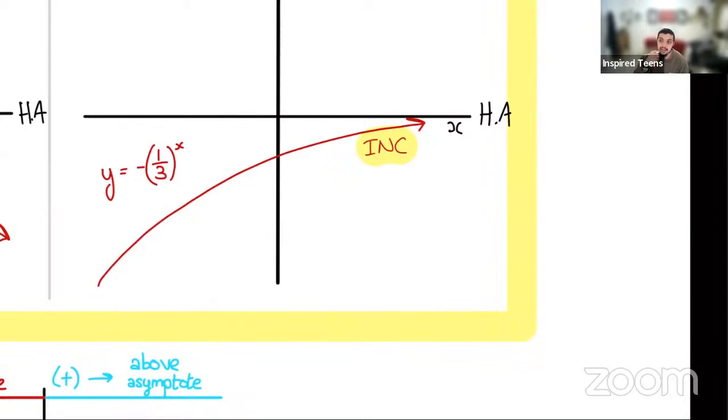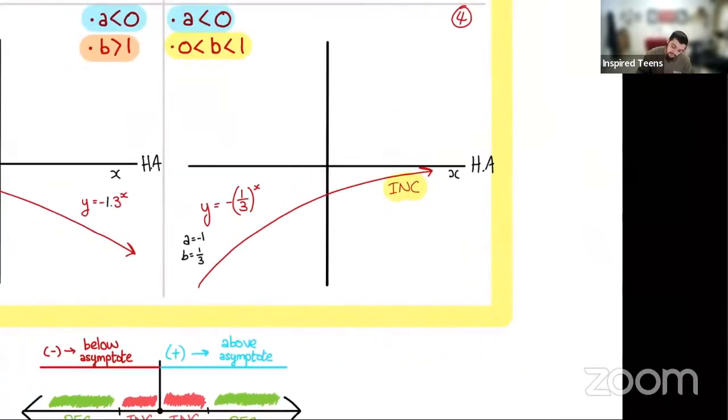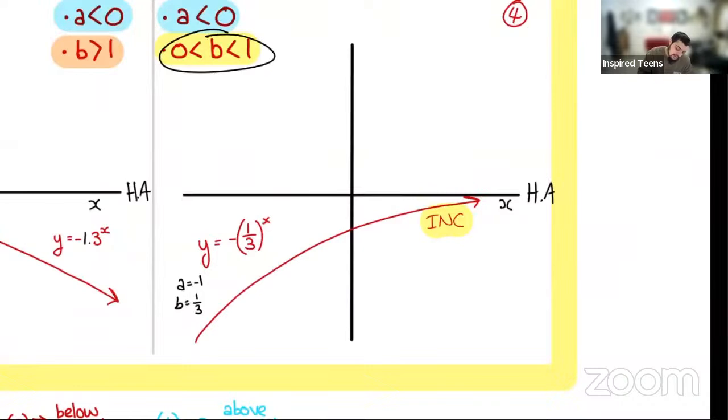Okay, and in this case, let's write it here. A is equal to negative 1 and B is equal to 1 over 3. Okay, so B is not negative, A is negative, and therefore B is 1 over 3, so it's between 0 and 1. It's a fraction, so it's increasing below.